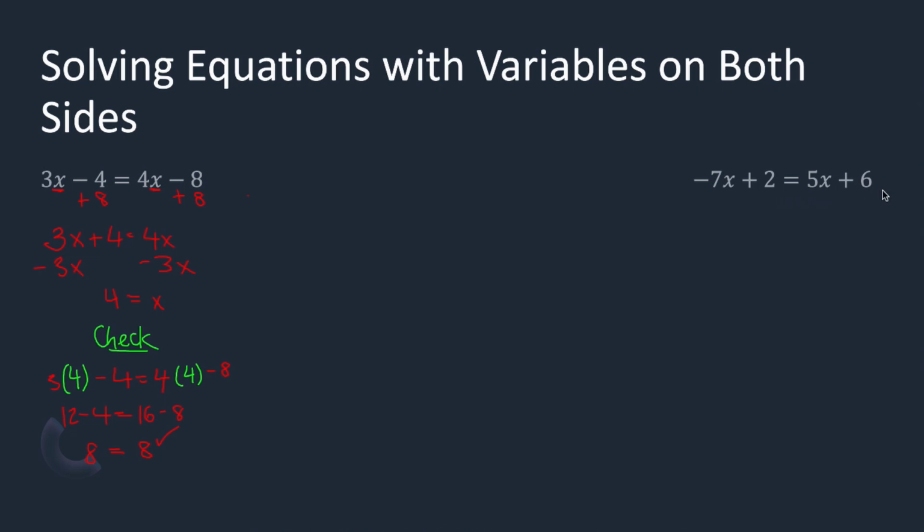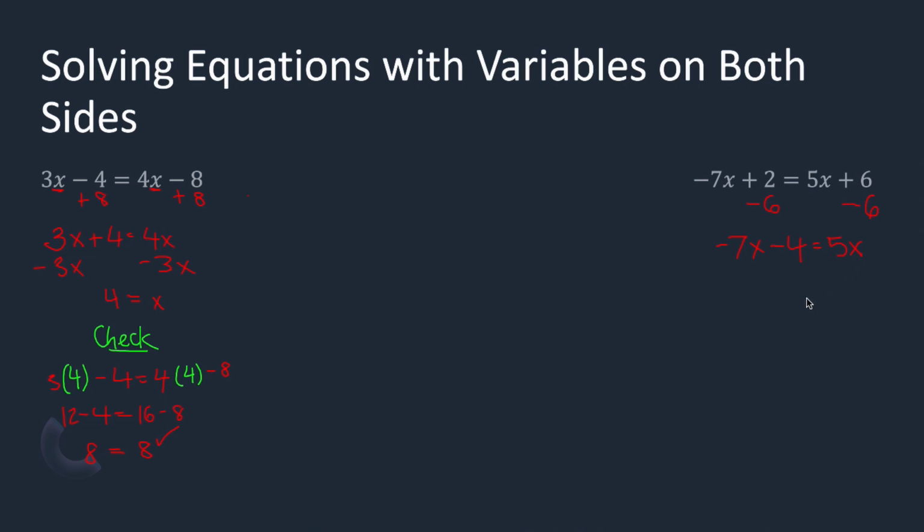So I will move the 6 from here to here, and I'm going to do that by subtracting 6 from both sides. And this gives me negative 7x minus 4 is equal to 5x.